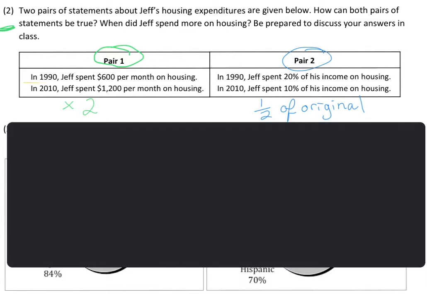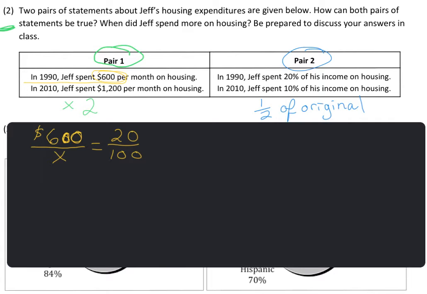In 1990, Jeff spent $600. Sorry, that doesn't look like 600. $600 per month on housing. And that $600 was equal to 20% of his income. Okay, so we don't know what his income was at that point. But we can figure it out, can't we?